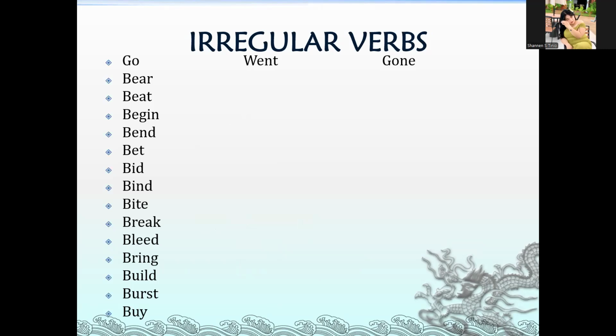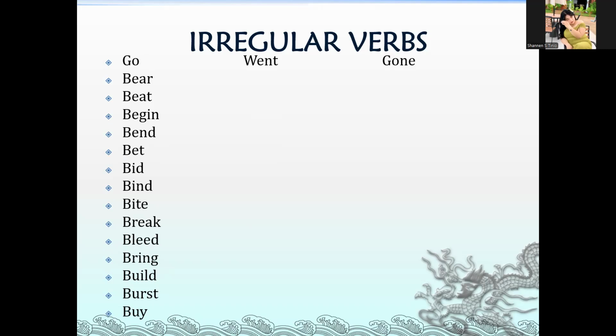So let's take a look at the list of irregular verbs. Go, went, gone. I will go to the party. I went to the party. I have gone to the party. So, ayan din yung bear.